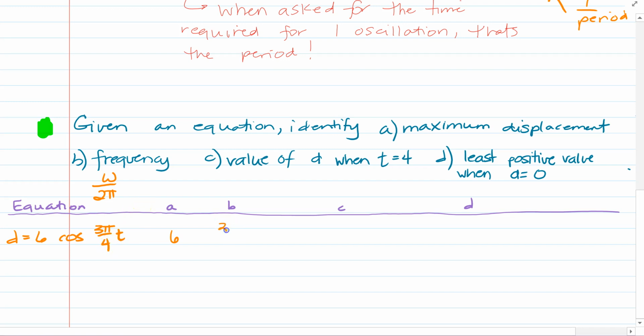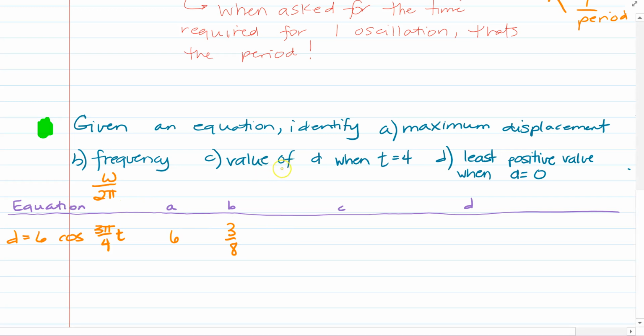So if I go 3 pi over 4 divided by 2 pi, well, I know it's really just going to be 3/4 divided by 2, because the pi is going to cancel. So what is half of 3/4? It's 3/8. The pi canceled. So I really should write that right here.